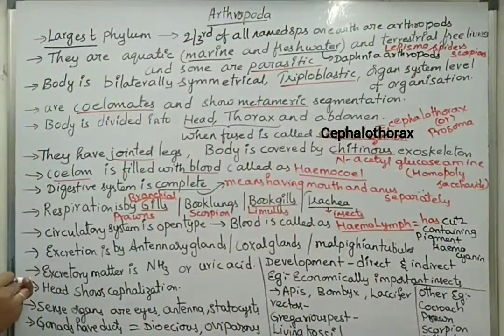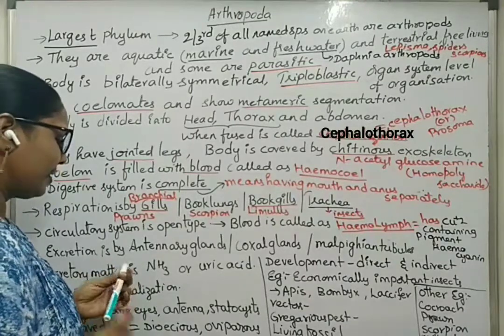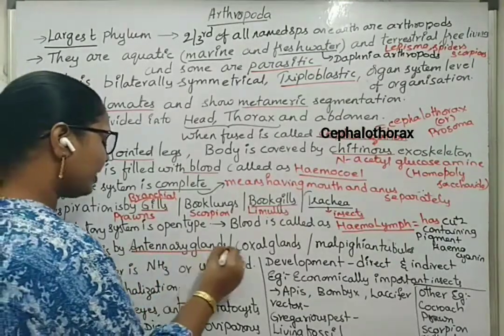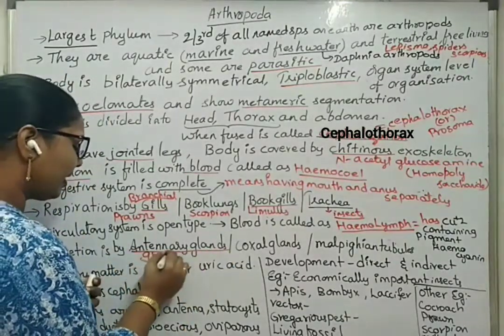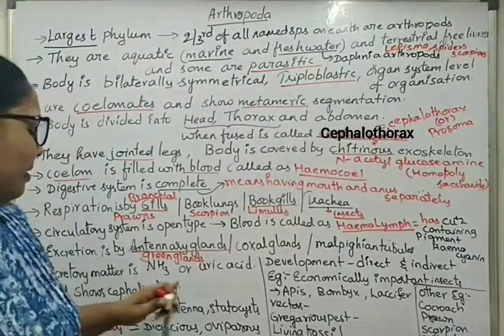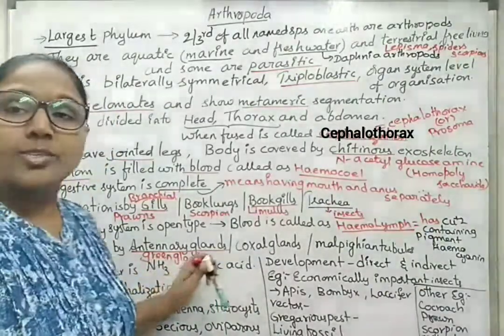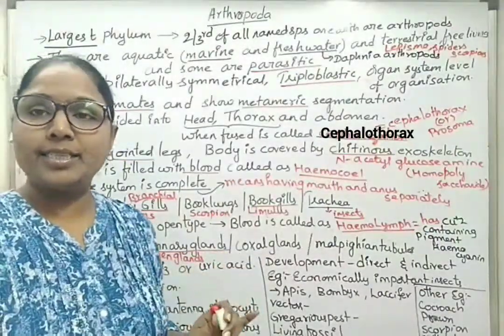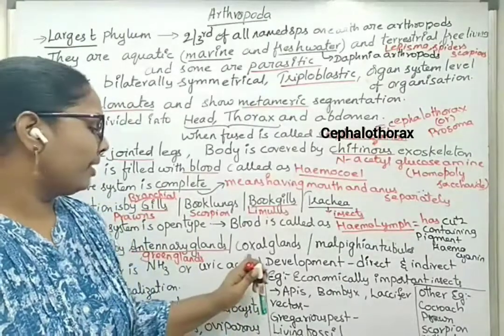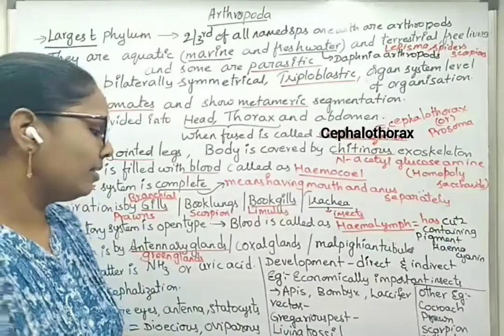Next, excretion is by antennary glands, which are also called green glands. They help in excretion and respiration. See, these green glands or antennary glands are present in the anterior part of the body. Next, coxal glands are also present at the anterior part of the body.